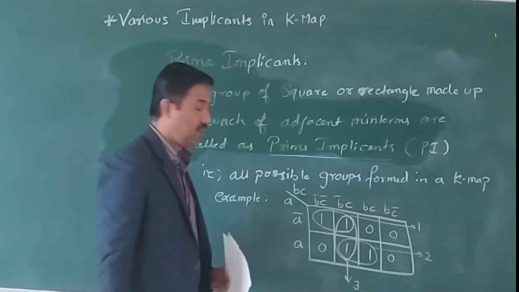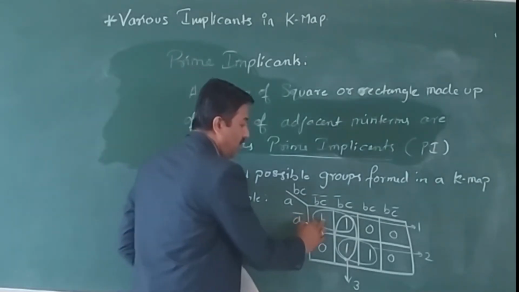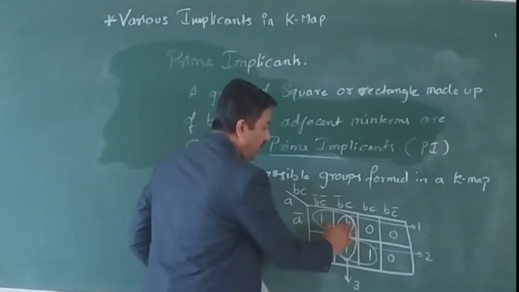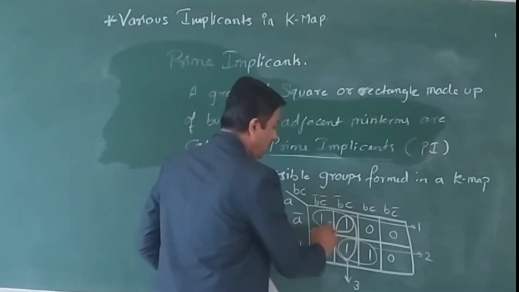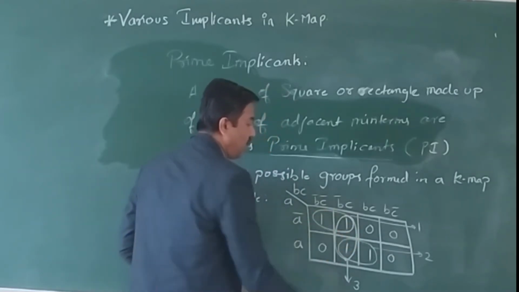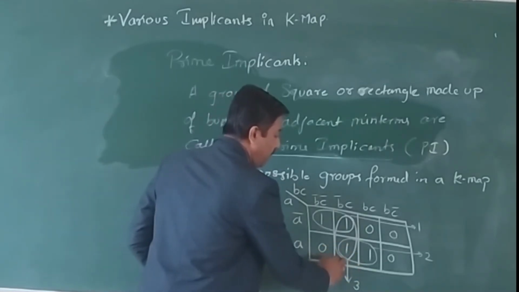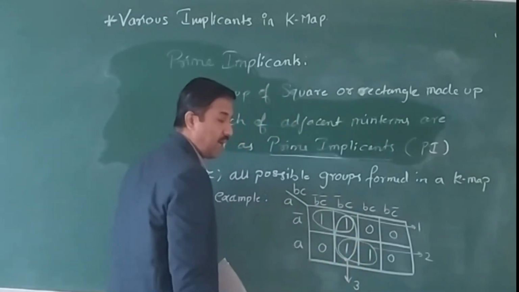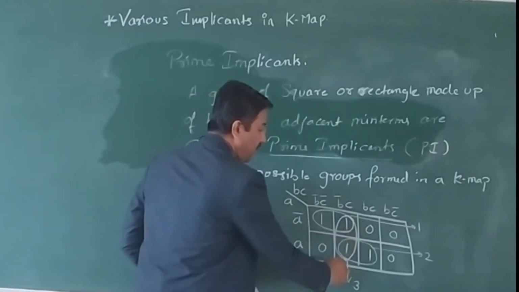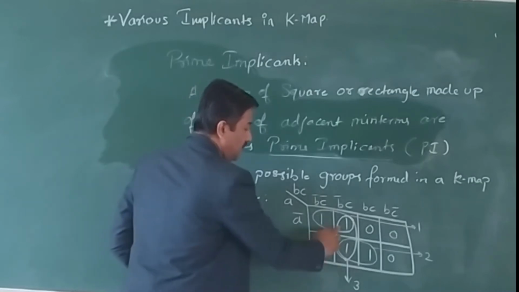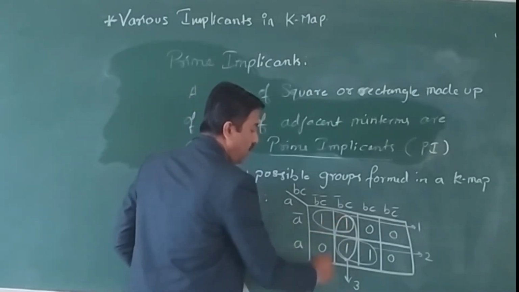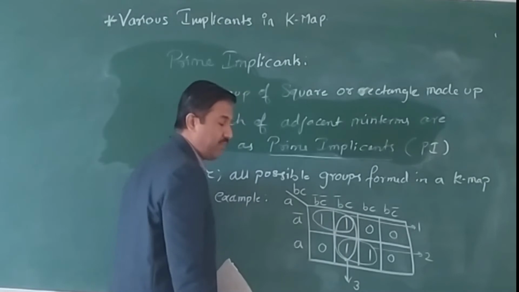So in total, we have 3 groups. Group number 1 covers cell number 0 and cell number 1. Group number 2 covers cell number 5 and 7, and group number 3 covers cell number 1 and cell number 5.